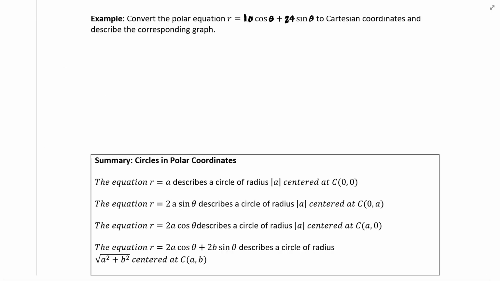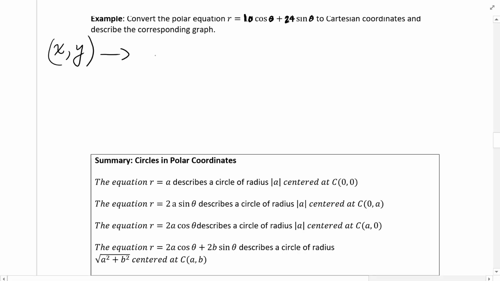And one more example, let's convert the polar equation r equals 10 cosine theta plus 24 sine theta to Cartesian coordinates and describe the corresponding graph. So we need to find the x and y.